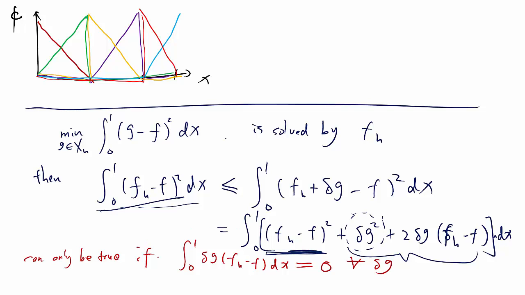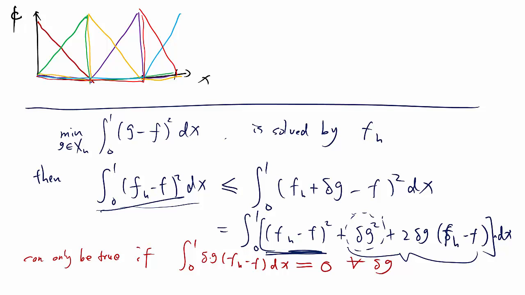If this is not exactly equal to 0 for some delta g, then I can always make this negative by taking the negative sign of delta g, right?